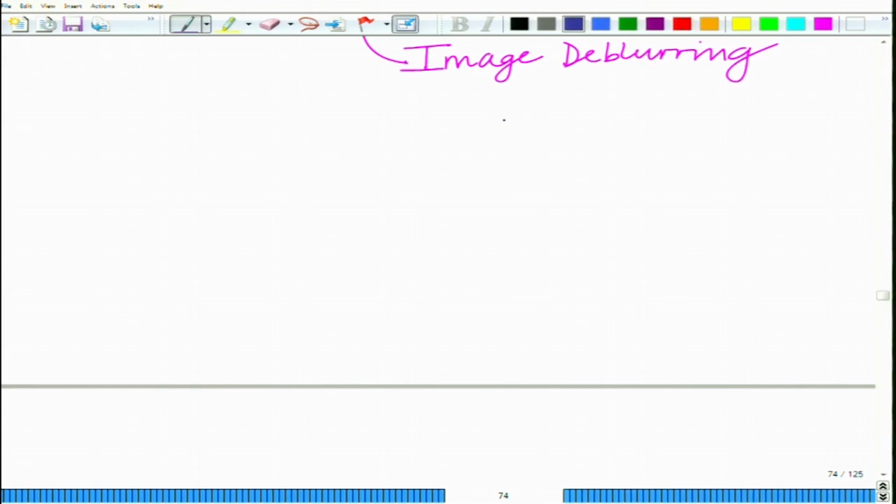What happens is, when you are trying to capture an image, let us say you are trying to capture the image of a person over here. This is an impression of my camera, an image capture device, and I am trying to capture the image of this person.